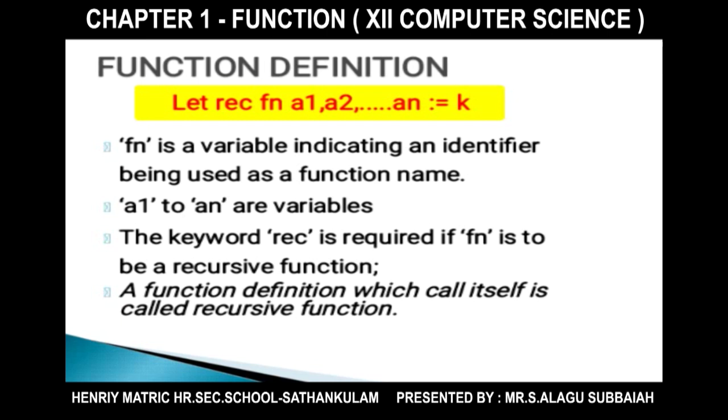If our function is a recursive function, the rec keyword is used; otherwise, it is ignored. Next, fn is the name of the function. And a1 to an are called parameters. And finally, the value k is the output of the function.